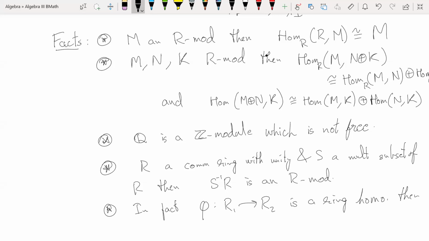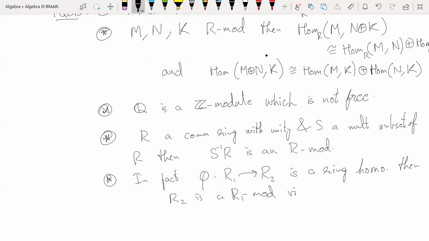Then R2 is naturally an R1-module via, so what should be the scalar multiplication? For r in R1, what should r dot m be?